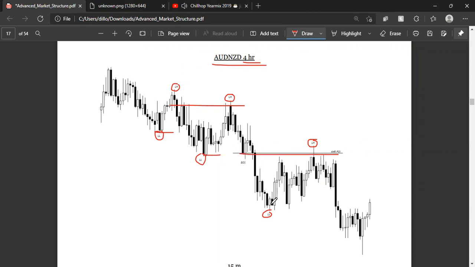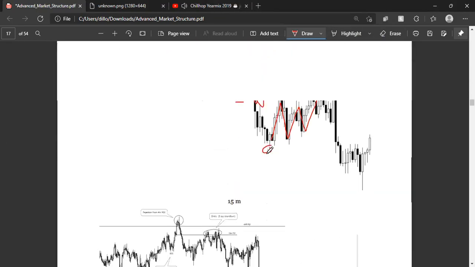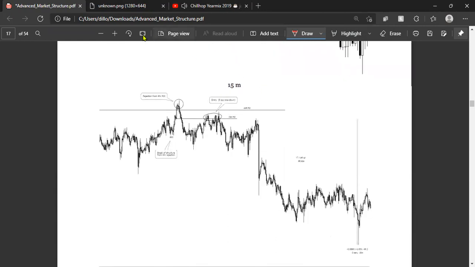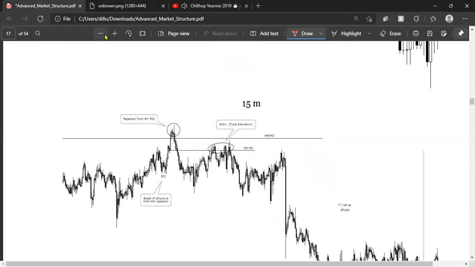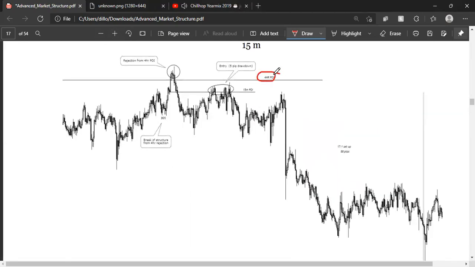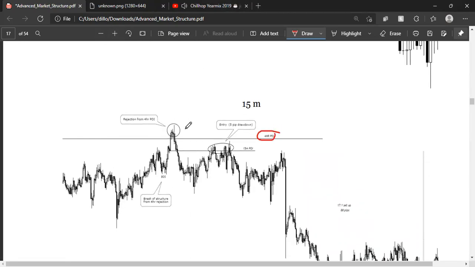So from this retracement here on the lower time frame, we're going to look at this area from this break of structure to the downside. So from that, zoom in here, from that 4-hour point of interest, what do we see?